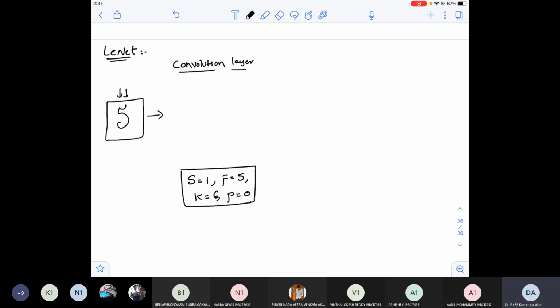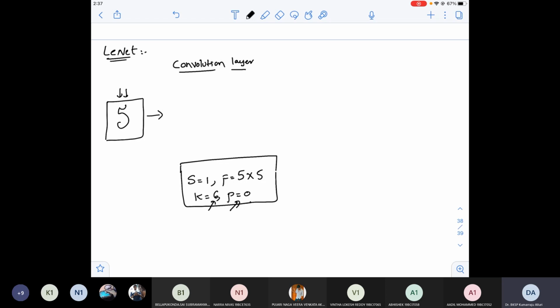F is equal to 5 means the filter size is 5 by 5. K is equal to 6 means the number of filters that you have to apply is 6. And the padding is 0.